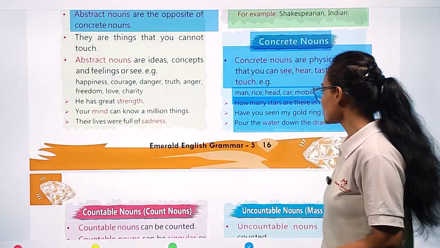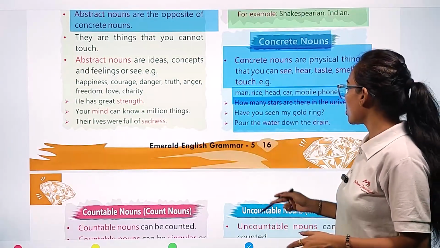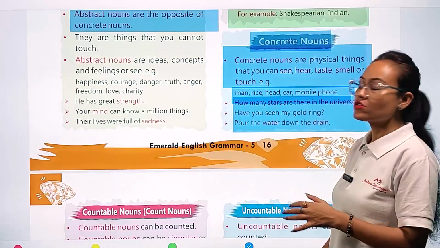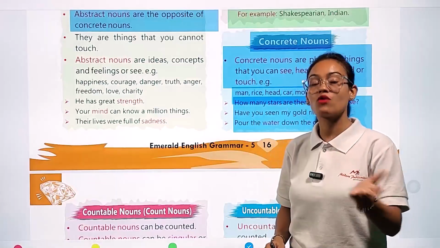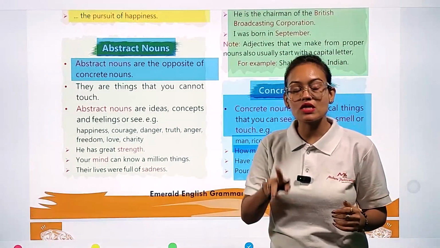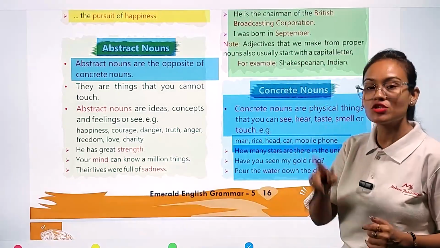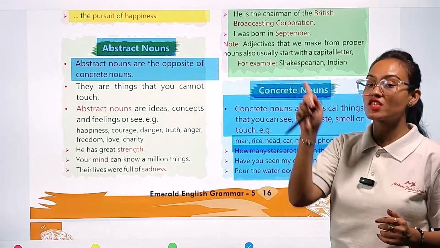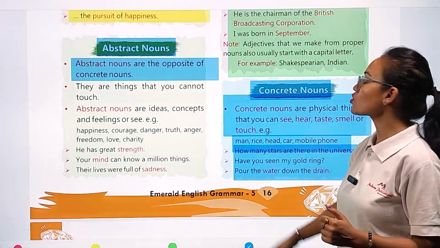Have you seen my gold ring? Pour the water down the drain. So all these words we can see, feel, smell or sense. So concrete nouns are those category of physical things which we can see, touch, smell or feel. So this is called concrete noun.